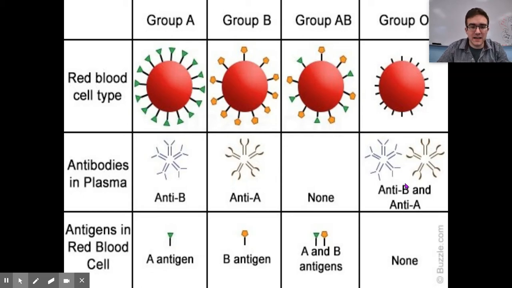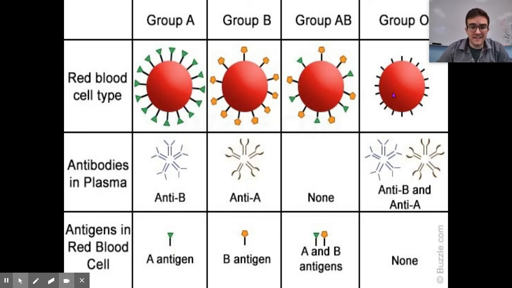What that means is that if you try to give a person who is type B type A blood, their body will actually trigger an immune response and fight off that type A blood, which isn't good. That's why when people have to get blood transfusions, the type of blood matters, because if you give people the wrong blood, you can cause clumping of the blood inside the veins, which isn't good.